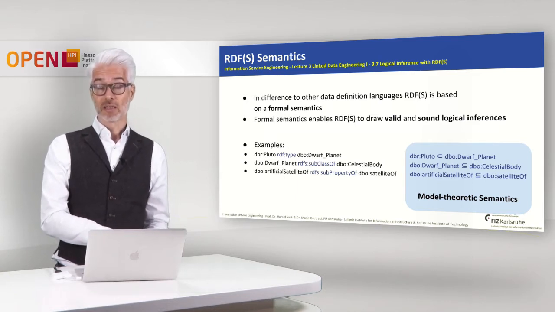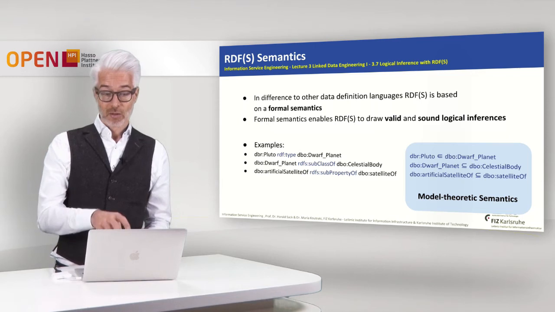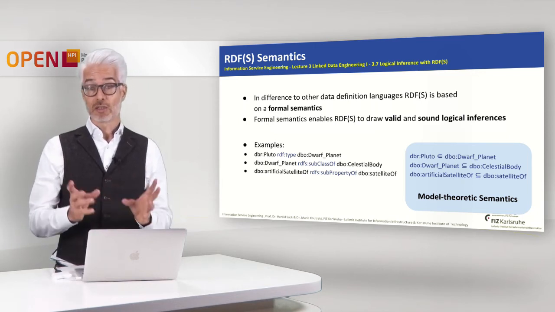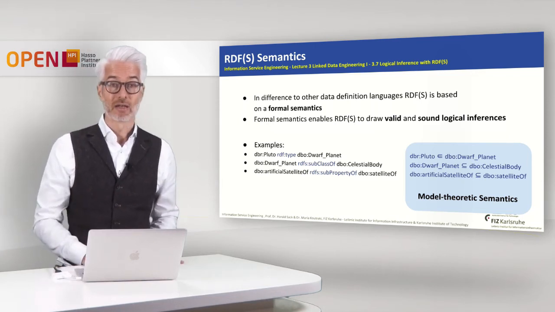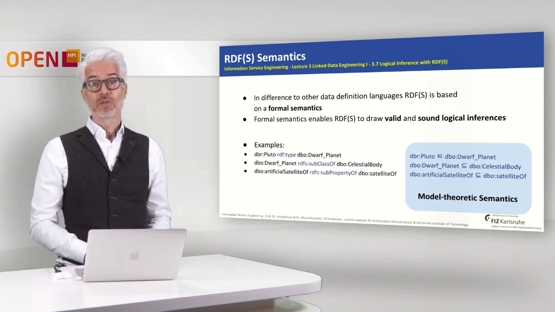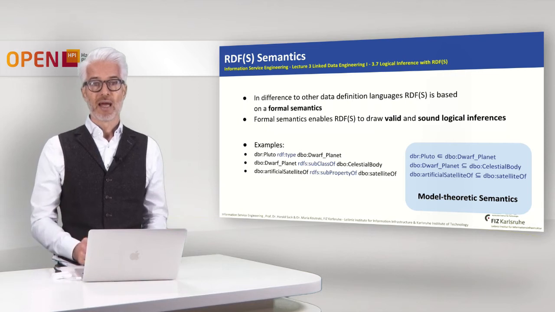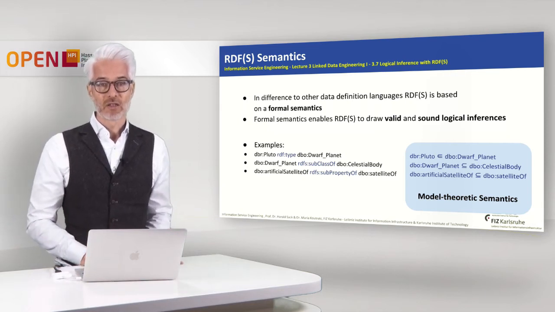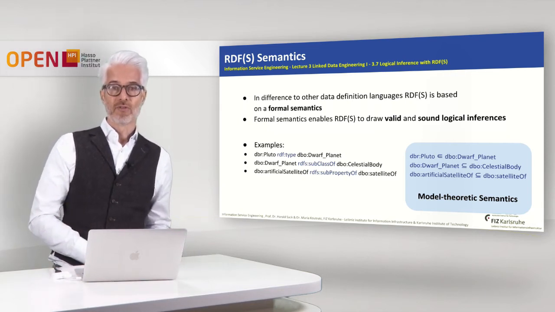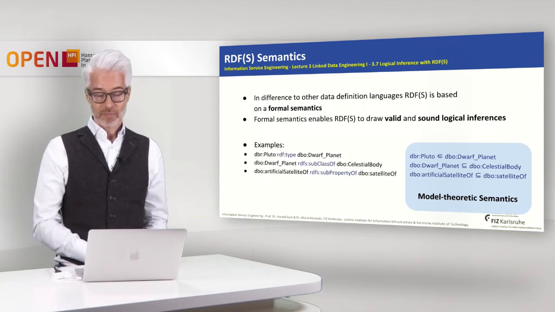With RDF and RDFS, this is possible. So let's have a look how these kind of models look like. So we have here a small example. Again, we have Pluto is a dwarf planet, and a dwarf planet is a subclass of a celestial body. And we have artificial satellite of, which is a sub-property of satellite of.